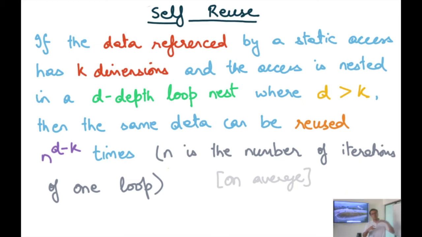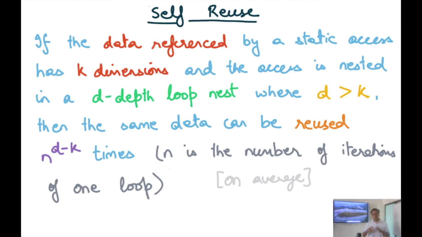So if each of the loop iteration indices has order n elements in it, then the same location would have a reuse of order n by substituting 2 for d and 1 for k. N is the number of iterations of one loop, the average number of iterations of one loop. We are of course approximating here. We are assuming that the values of the upper bounds and lower bounds are very large, which they typically are because we are basically dealing with large arrays.